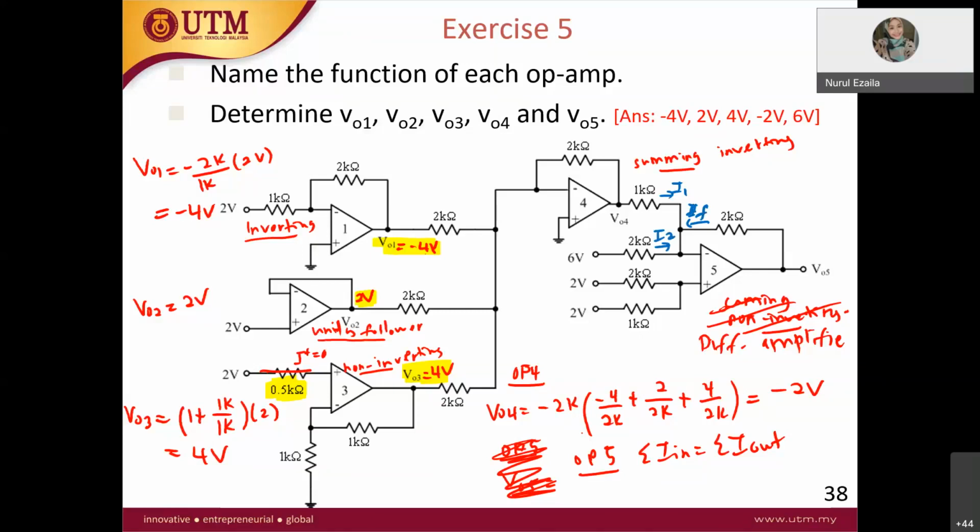So you can solve that one, since you know the current here, I minus, is equal to 0. So you can solve KVL or KCL at that node.